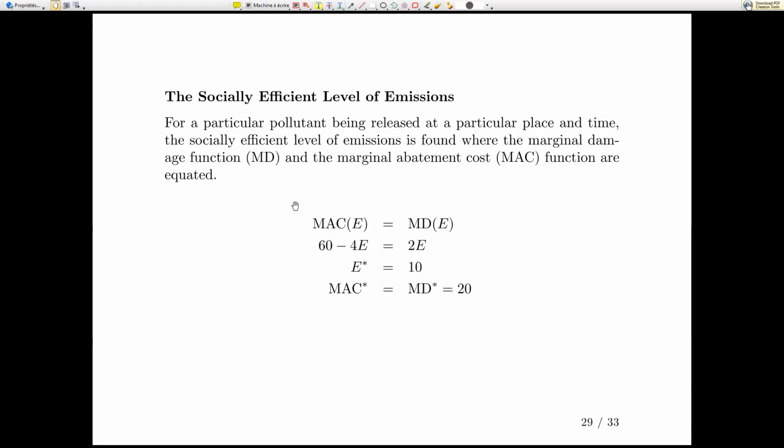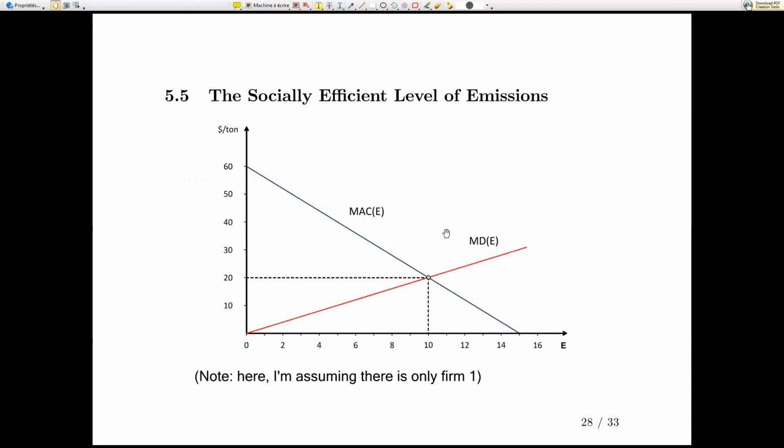Well, it's the integral of the marginal abatement cost from abatement of 0 to abatement of emission E. And you have to know that the total damage is the integral from emission of 0 to emission of E. So total damage is this triangle there. It's the integral of the marginal damage until whatever level you choose. So here it would be until 10, for instance.